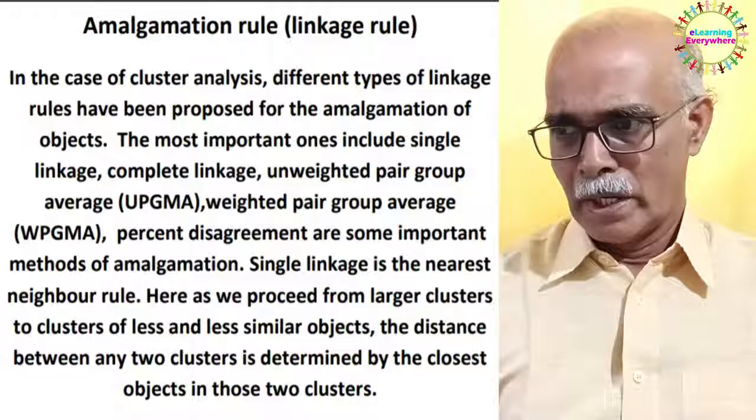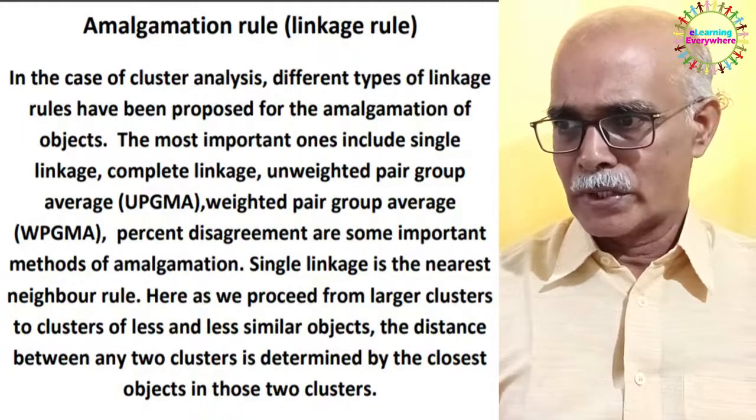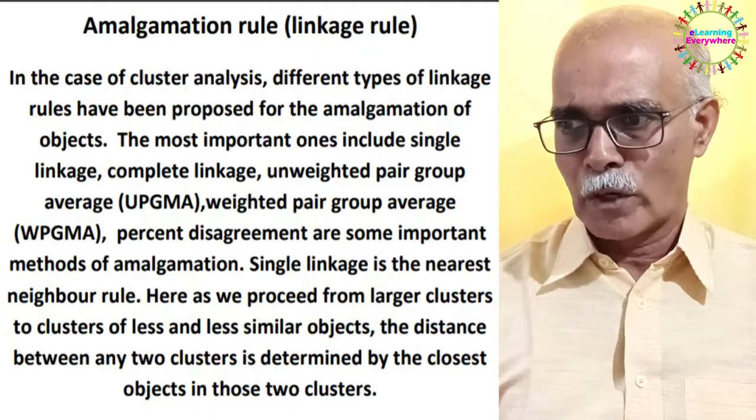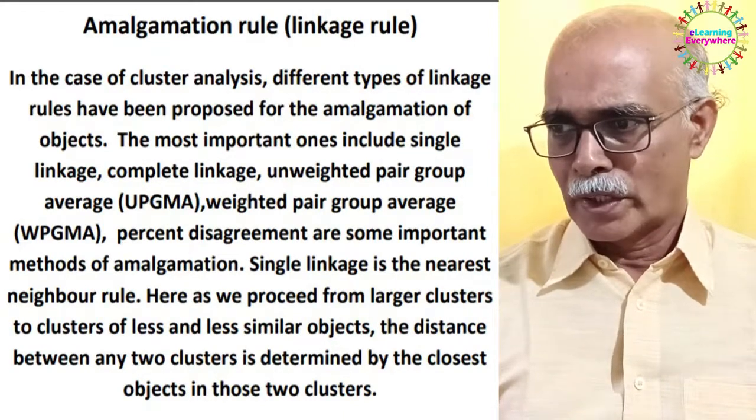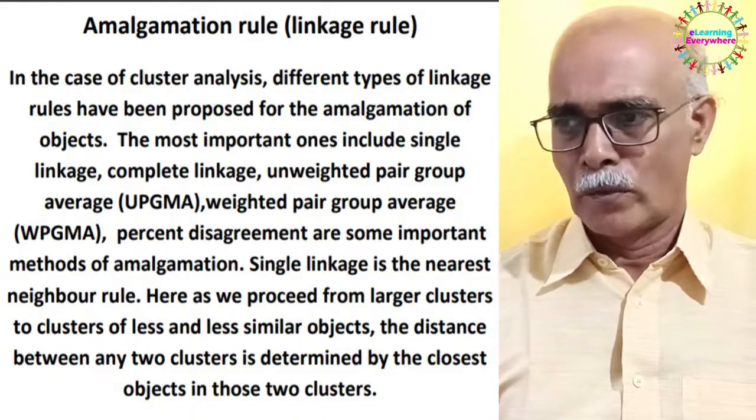And since in cluster analysis you have to link the variables or link the objects based on the affinities between them, you have to apply certain amalgamation rules. And in the case of cluster analysis, different types of linkage rules have been proposed for the amalgamation of the objects under study.